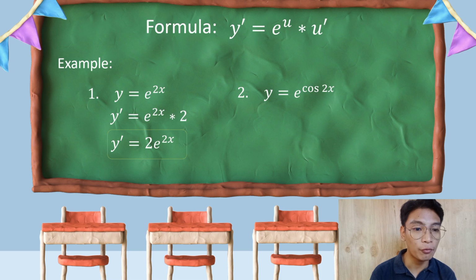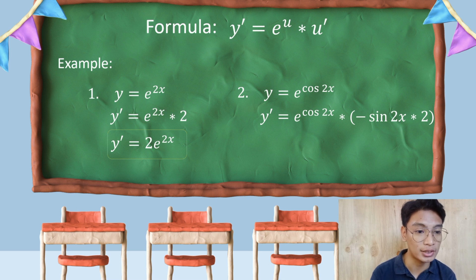Again, to follow the formula, we copy the value of y, which is e raised to cosine 2x, and multiply it by the derivative of the raised function, which is cosine 2x. So we have e raised to cosine 2x multiplied by negative sine 2x, as it is cosine, multiplied by 2.